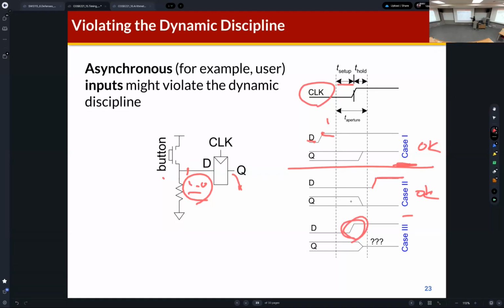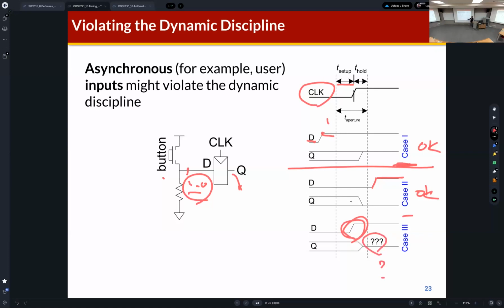So this signal D changes during the aperture time. So there is the setup time or hold time. Actually, it violates the setup time or hold time constraints of this D flip-flop. Then what will happen? We don't know.